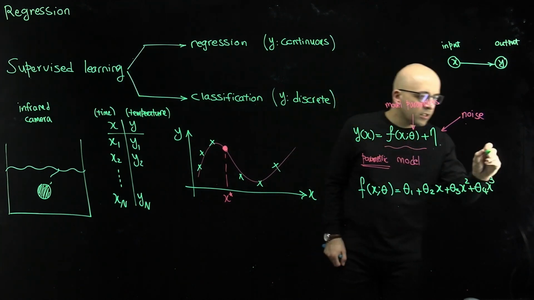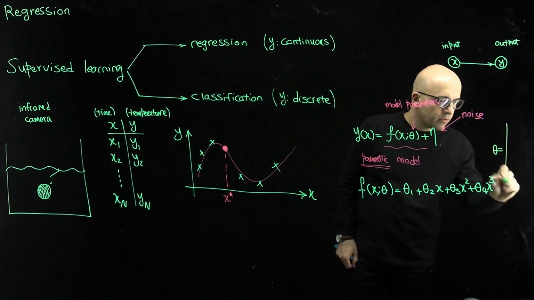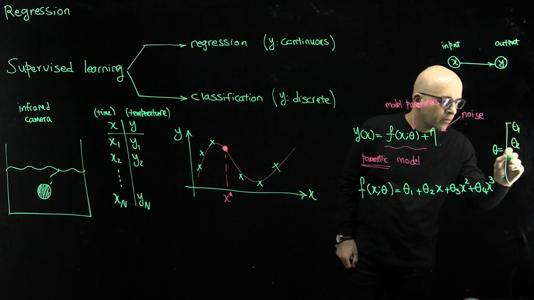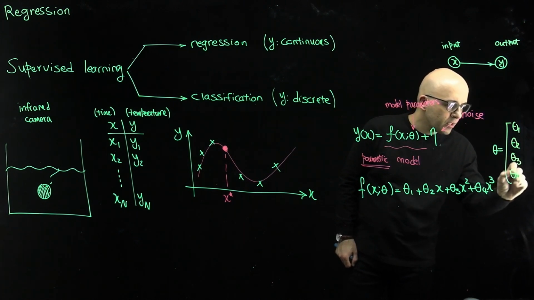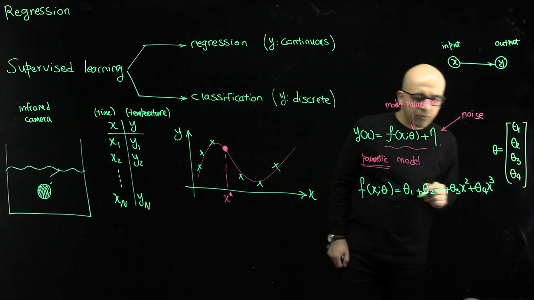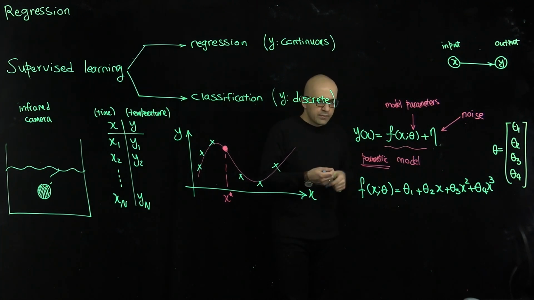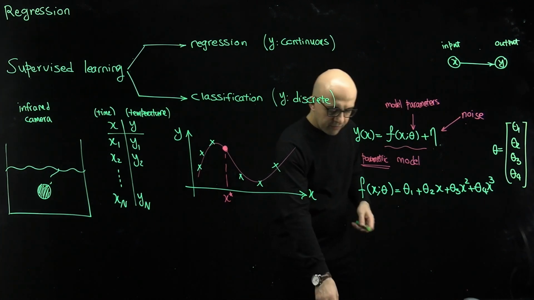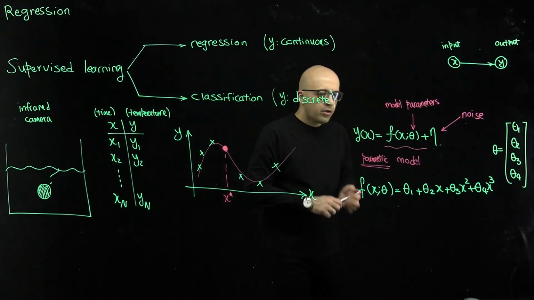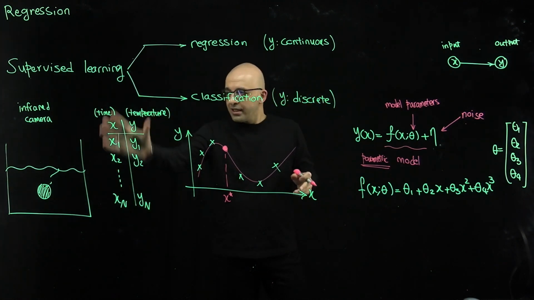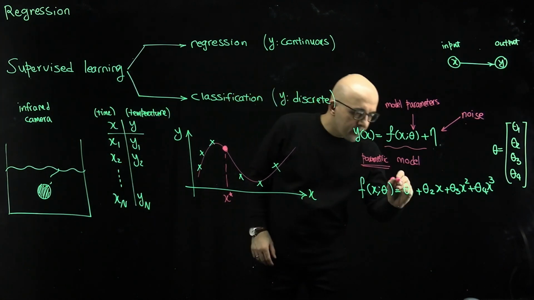So in this notation, theta is the vector of unknown model parameters, which now contains four parameters. So the objective of regression model training is to use this labeled data that we have, and learn these 4 parameters.